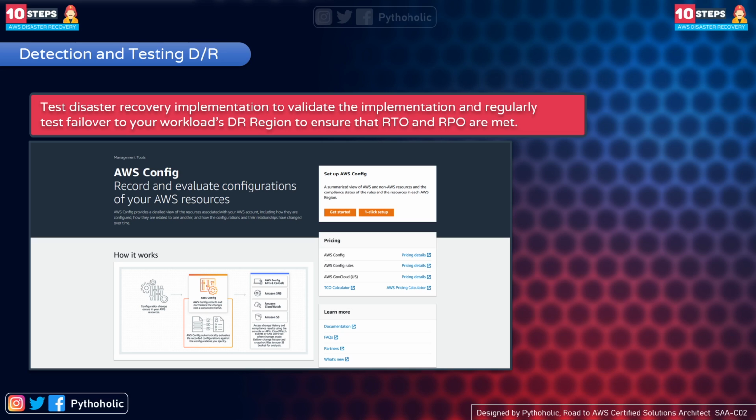If there is a configuration drift between your primary environment and the disaster recovery environment, we should be able to identify that so that we can act upon the changes in order to keep it identical, isn't it? AWS Config can help us do that. So I hope you got the point.